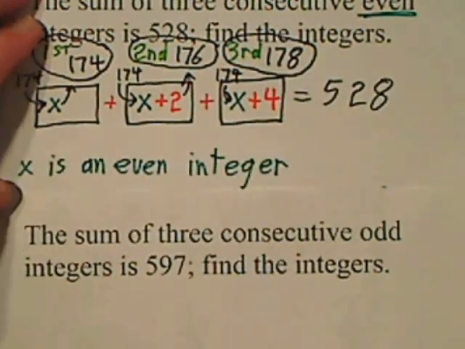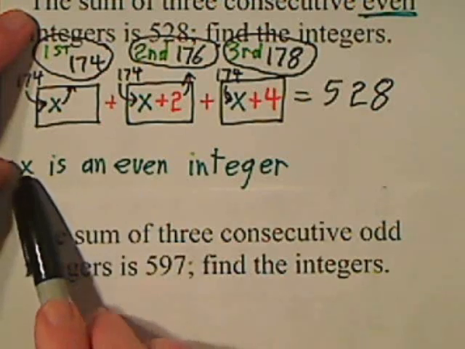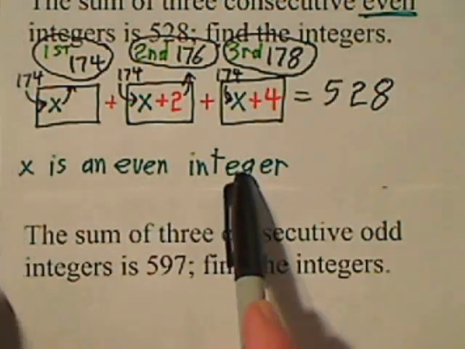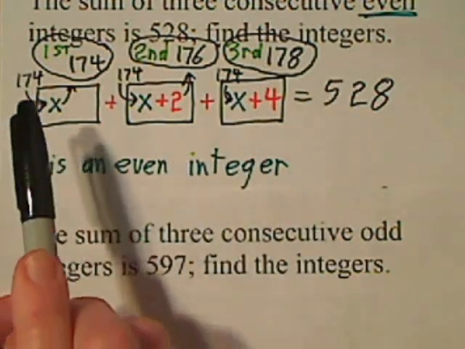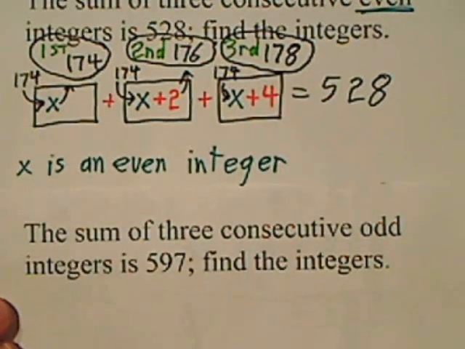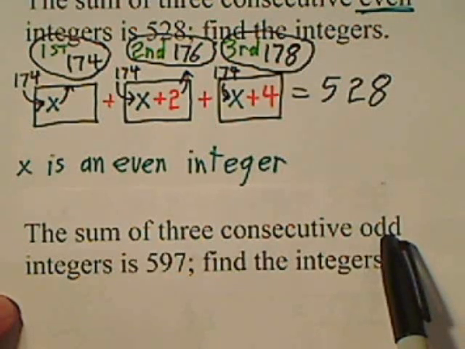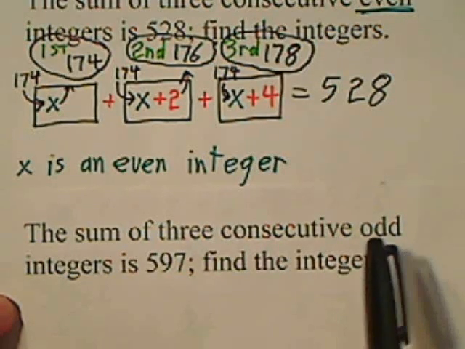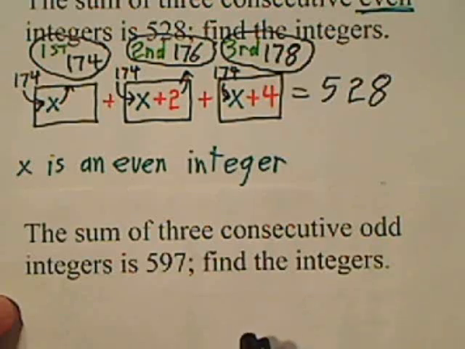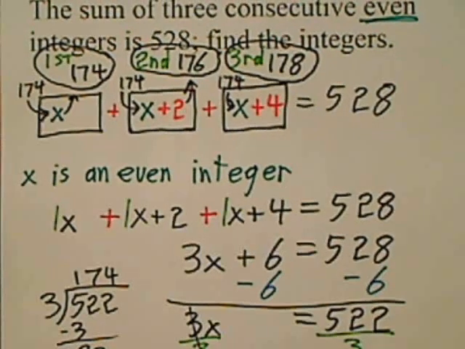But remember, on this problem, I specified that x is an even integer, and that's what got the ball rolling. For this problem, I'm going to specify that x is an odd integer, and the next odd integer is 2 integers away. So we'll solve the last one.